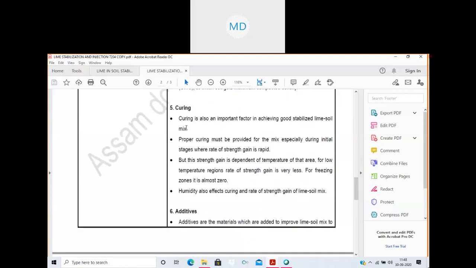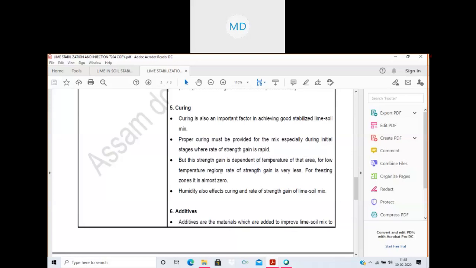Then curing is also an important factor in achieving a good stabilized lime soil mix. Proper curing must be provided for the mix, especially during initial stages where the rate of strength gain is rapid. But this strength gain is dependent on the temperature of that area.